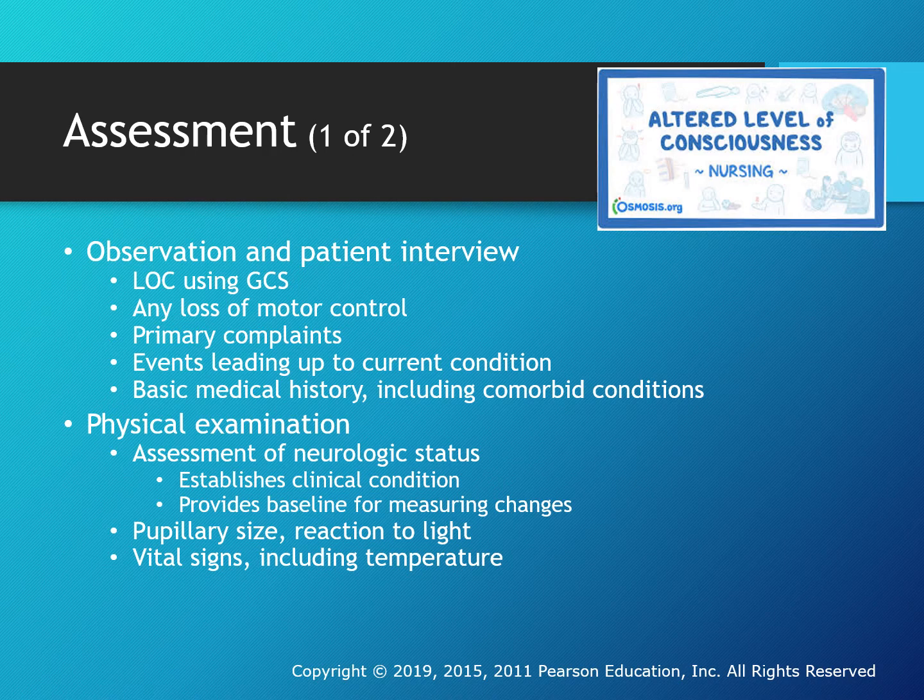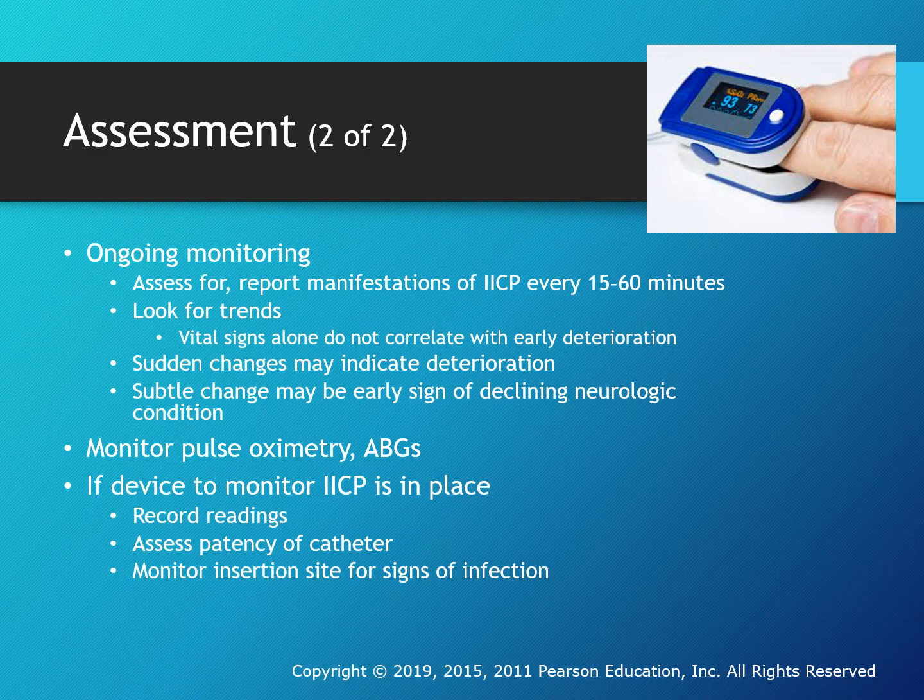Ongoing monitoring. We want to monitor every 15 minutes up to an hour. Patients with unstable ICP need frequent monitoring. You want to look for trends because the vital signs alone do not correlate well with early deterioration. Sudden changes in neurologic signs often indicate deterioration.